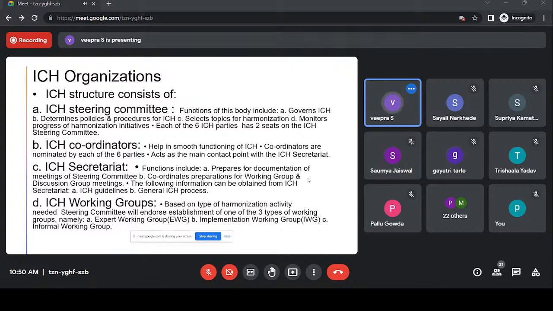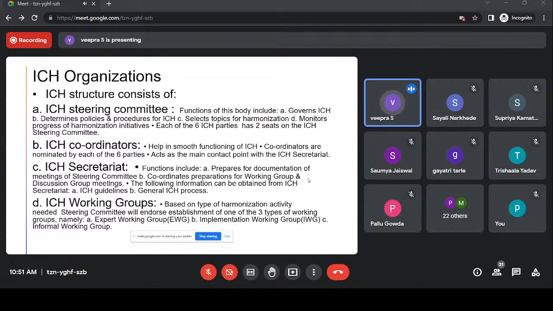And they also coordinate the preparation of the working group and the discussion in the group meeting. And following the information which can be obtained from the ICH secretariat, they will help with the preparation of the ICH guidelines and ICH procedures.